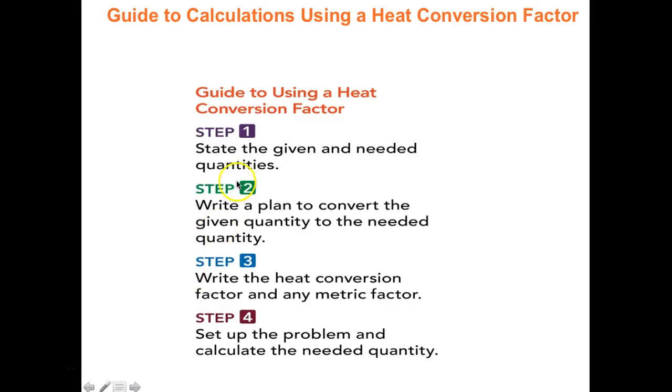So when you're doing these heat change problems, again, look at all that is given, what you need, write down your plan to go from point A to point B, write down any conversion factors, then set up the problem.